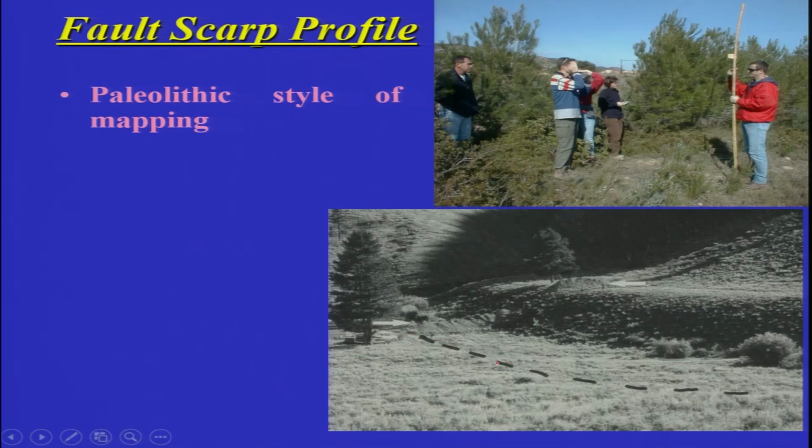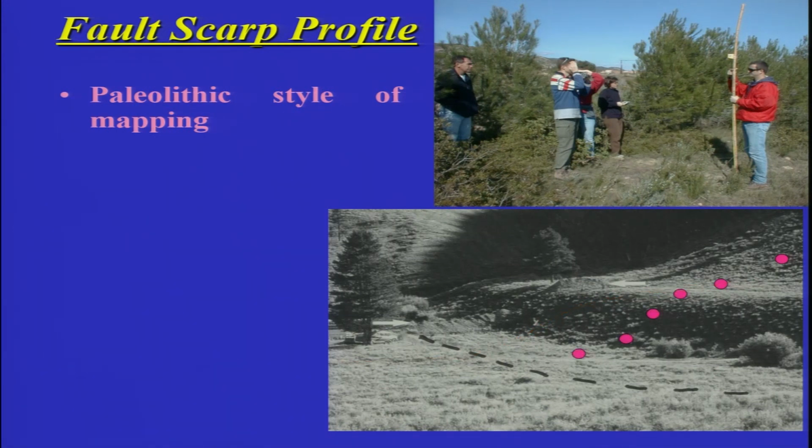So it is ideal to take the profile which crosses the undeformed area and the deformed area. You have to decide and finalize your transect accordingly, so that you cover the undeformed flat area as well as the deformed portion. Multiple points you can take crossing the scarp or the landform.